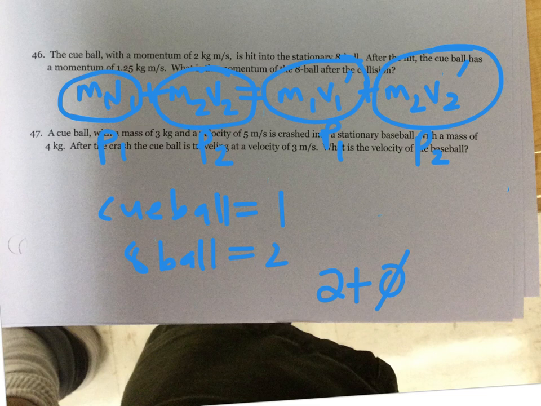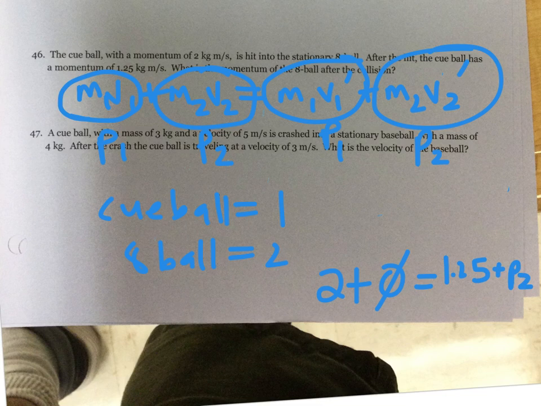Since the 8 ball is not moving, it has no momentum because its velocity is 0. So 2 plus 0 is going to equal the 1.25, which is the momentum after the collision, plus P2, which is what it's asking us: the momentum of that 8 ball.